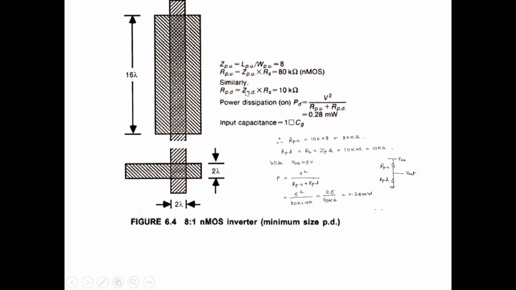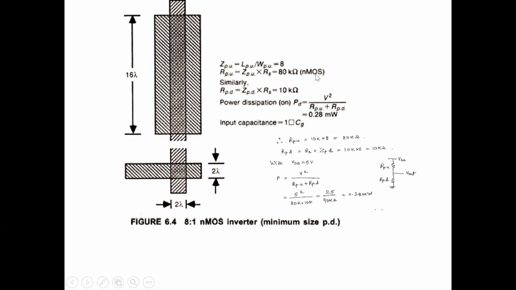This is the first case where the aspect ratio of pull-up, that is L by W, is 8 times that of the pull-down. Because it is 8, the length is 16 and the width is 2 lambda, you get 16 by 2 as the ratio. From the sheet resistance, we know for an N-type diffusion the sheet resistance value is 10K.